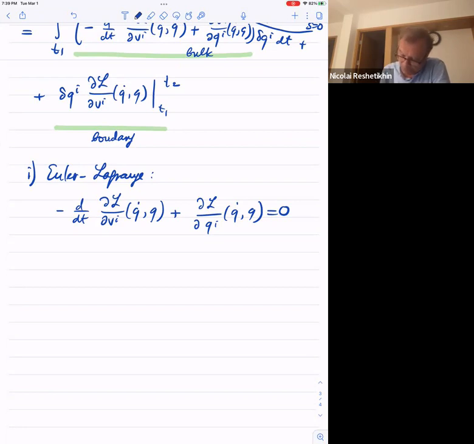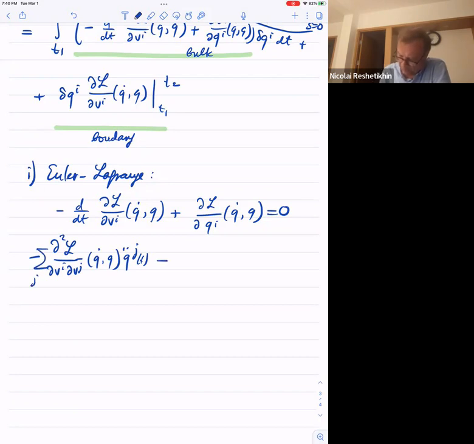So let's first do this. Let's just write it explicitly. So I will differentiate in time this expression. Then I'll have the second derivative in v, q dot q, and then q dot j, t, double dot, second derivative, sum over j.